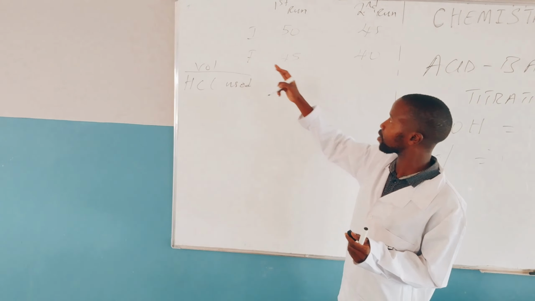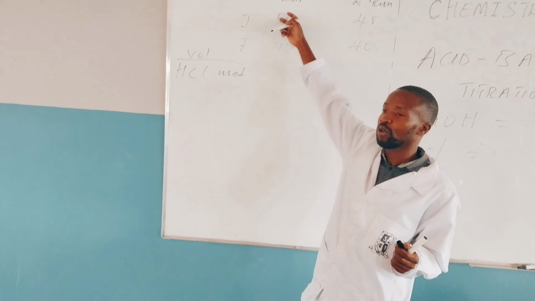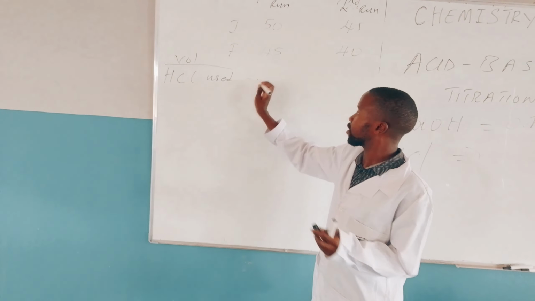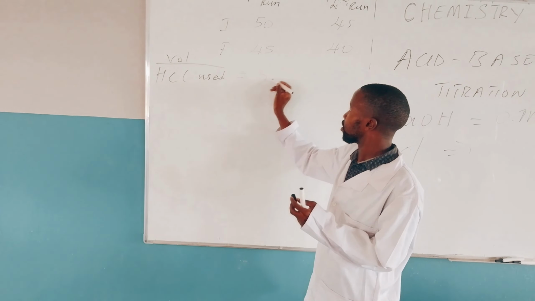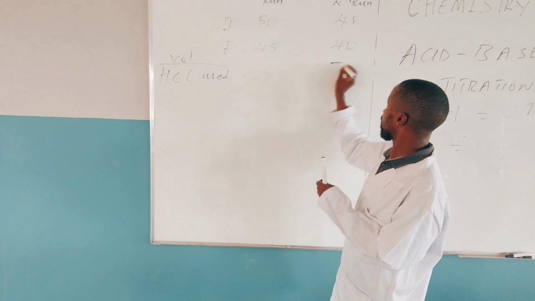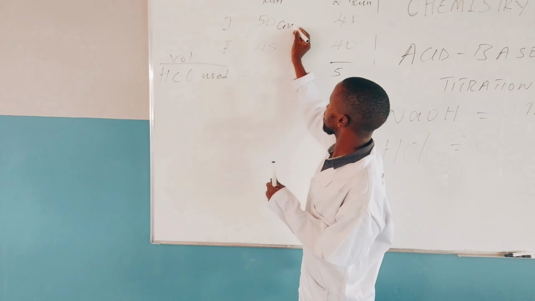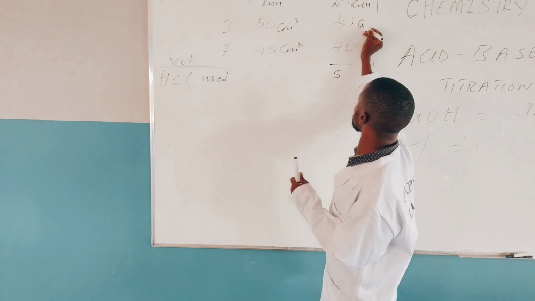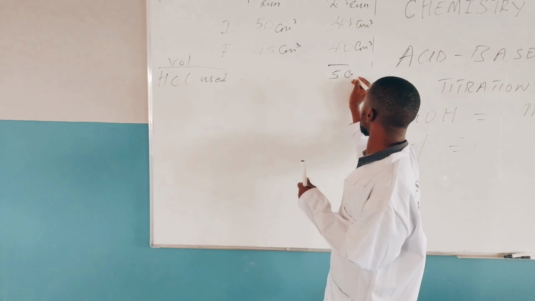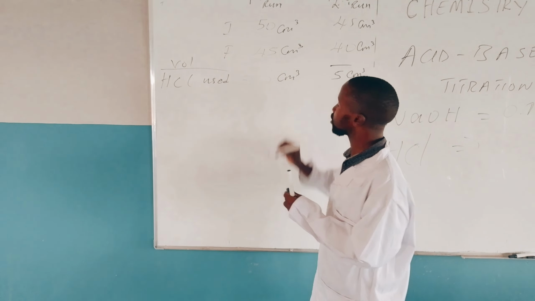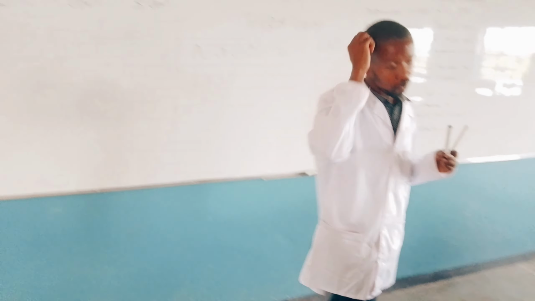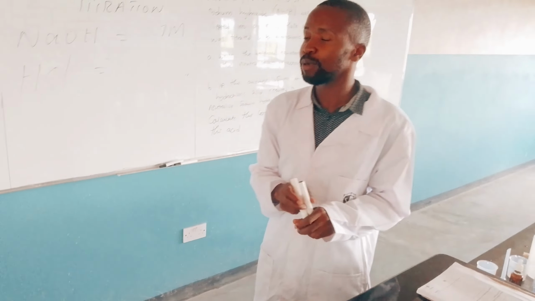It's just a matter of subtracting: 50 minus 45 gives us 5, and 45 minus 40 gives us 5 cubic centimeters. So we have found the volume of the acid used in our experiment.